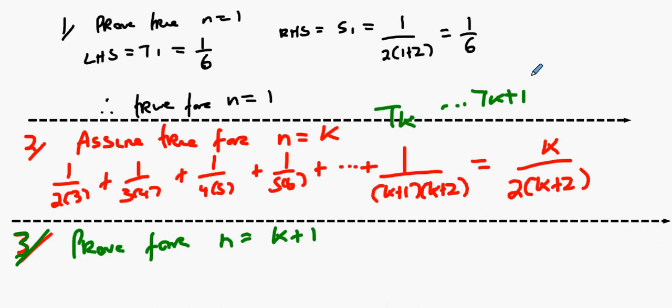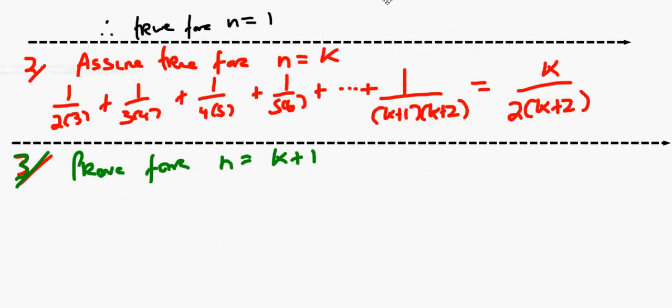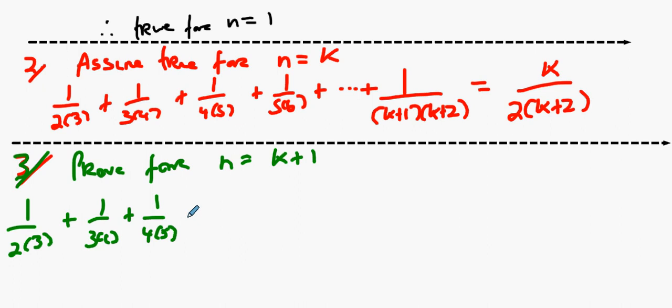I'm going to pause here and let you finish it off yourself. So, to get full marks here, you rewrite the whole thing again. 1 over 2 times 3 plus 1 over 3 times 4. Now, the difference is you don't stop at Tk. You end up stopping at Tk plus 1.